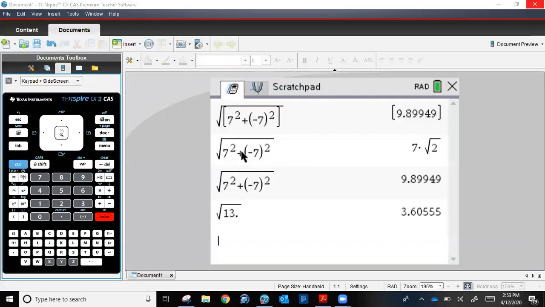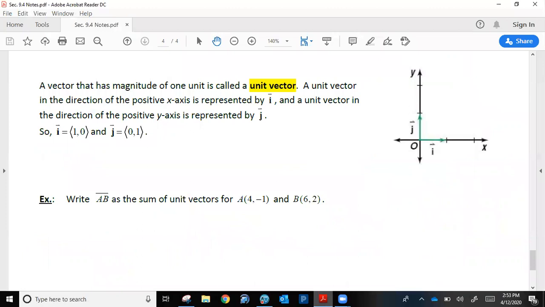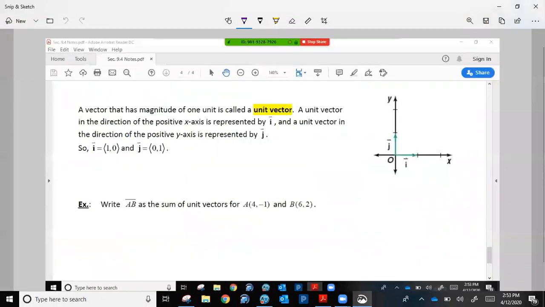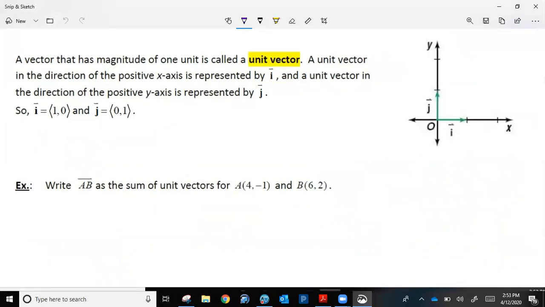All right, guys. We will continue on Wednesday with some different ideas on how to change ways in which to write a vector, represent a vector. I would like you guys to try and check in the back of the book. Make sure we're okay with this.